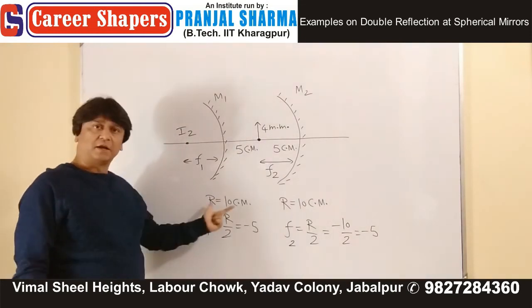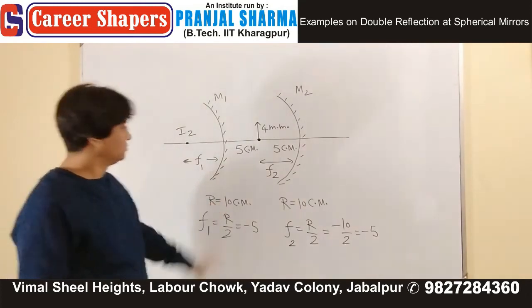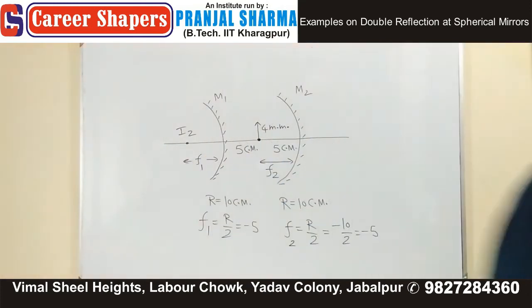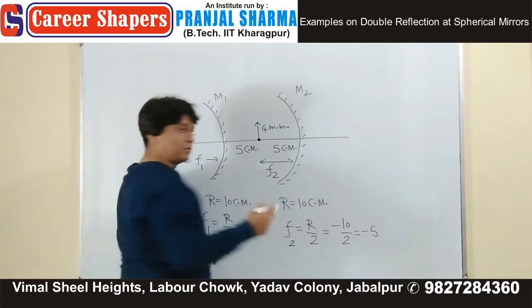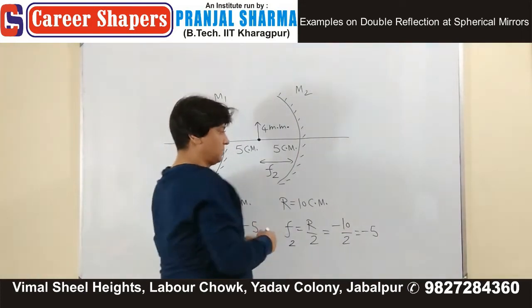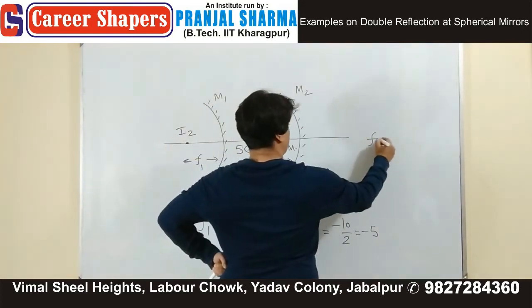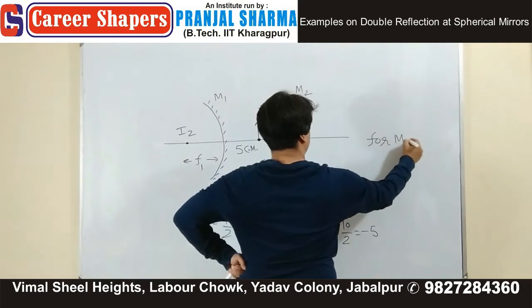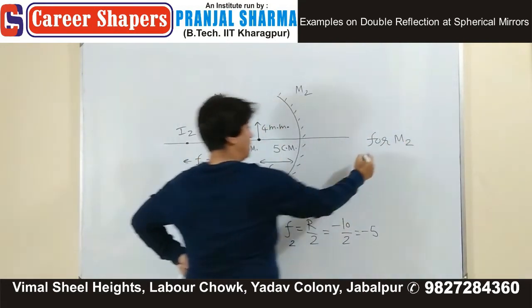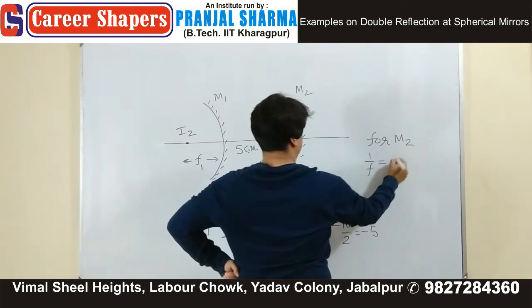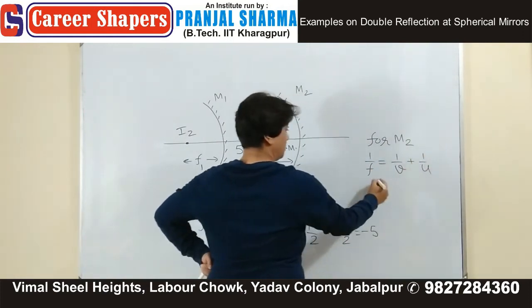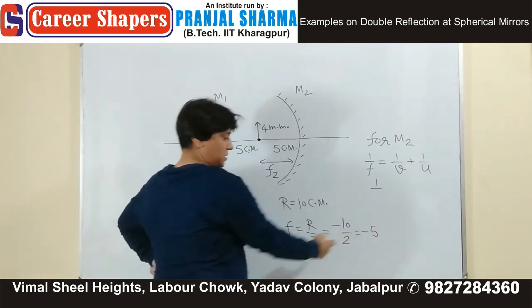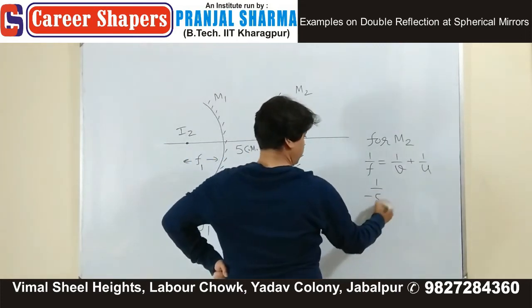Is this thing clear? Yes or no? And if you wish, you can use the calculation part also. For M2, 1 upon F equals 1 upon V plus 1 upon U. F is -5.